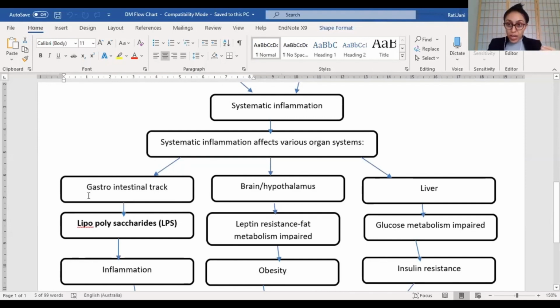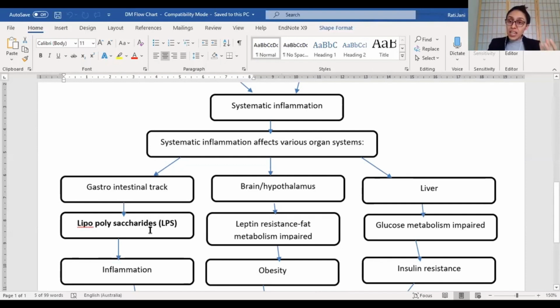When inflammatory blood with inflammatory compounds such as advanced glycation end products, oxidative free radical damaged ions, and automatically cytokines, meaning your interleukin 1, 2, tumor necrosis factor, when all of these molecules enter your GI system, they trigger the production of lipopolysaccharides, LPS.